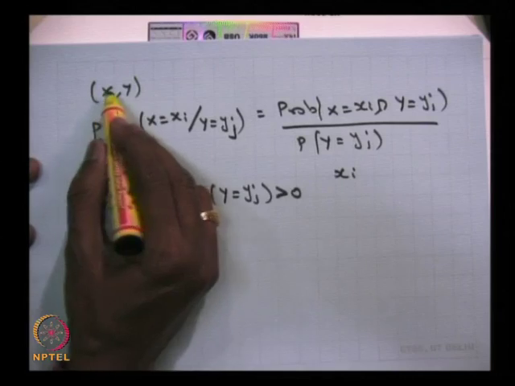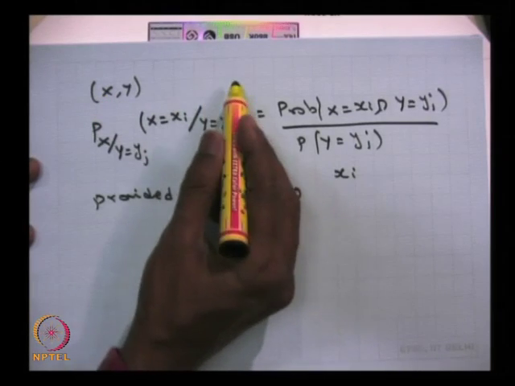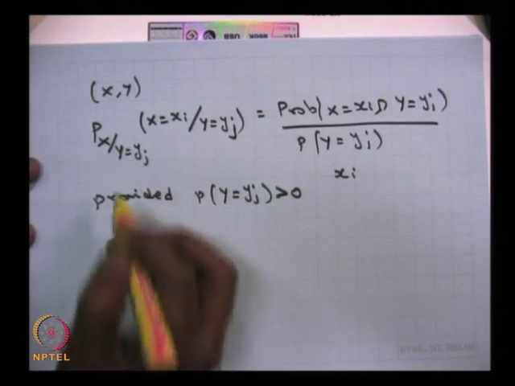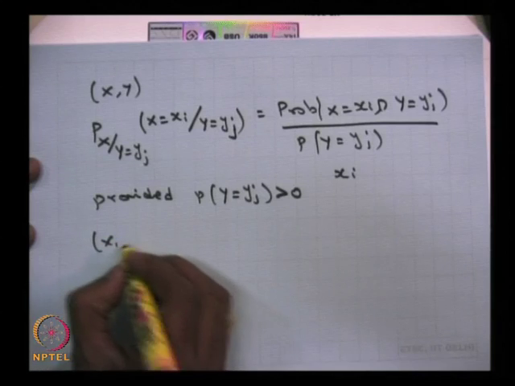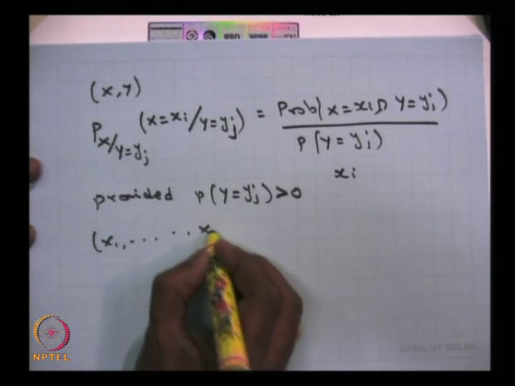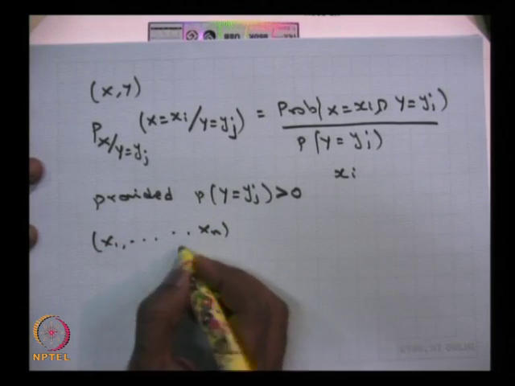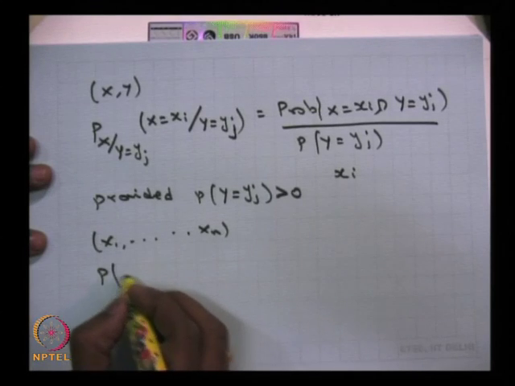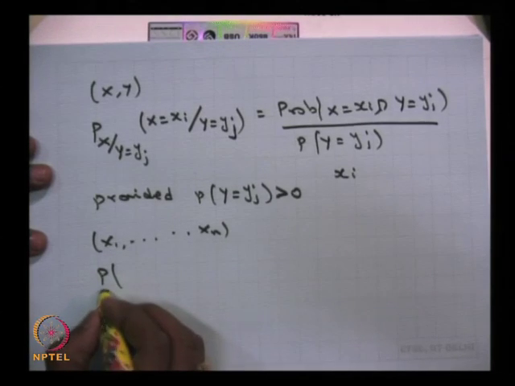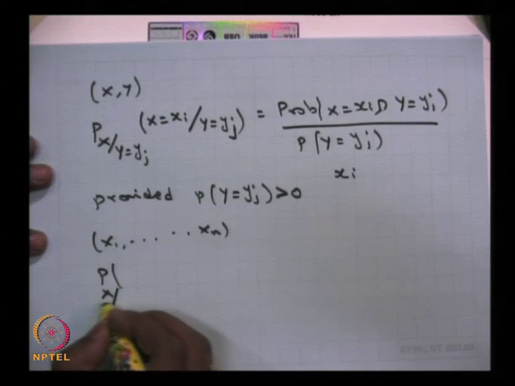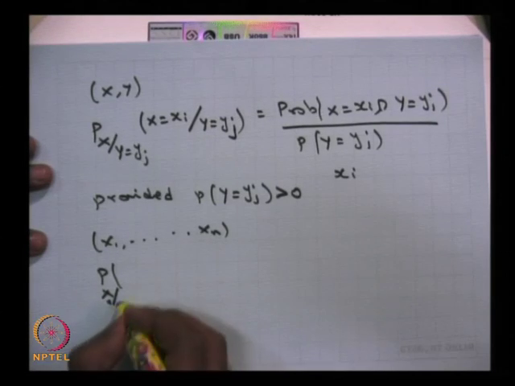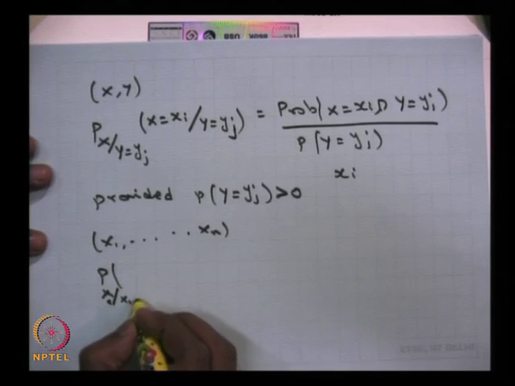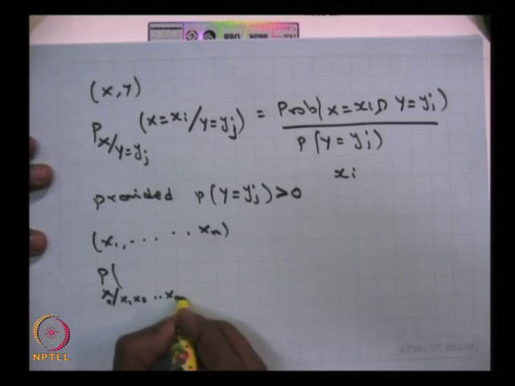That means if you have n discrete random variables x1, x2, up to xn, then you can always define the probability distribution of xn given that you know x1, x2 till xn minus 1.